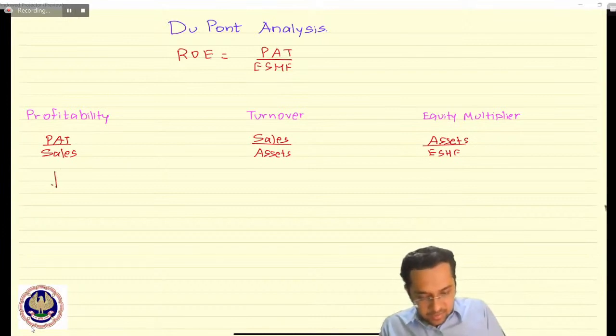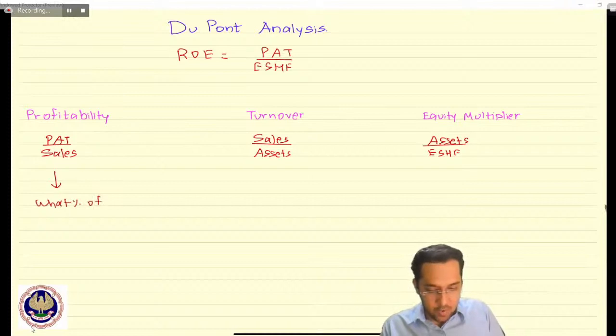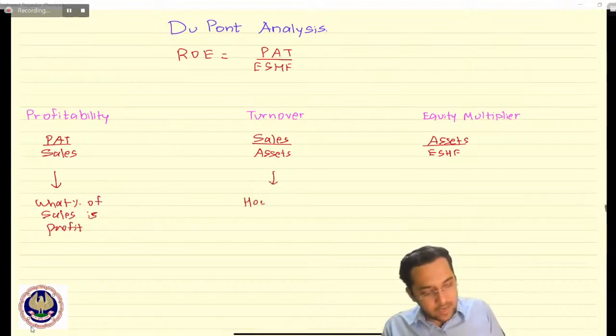So the first indicates what percentage of sales is profit. The second indicates how many times assets is sales, or how many times of assets is sales.